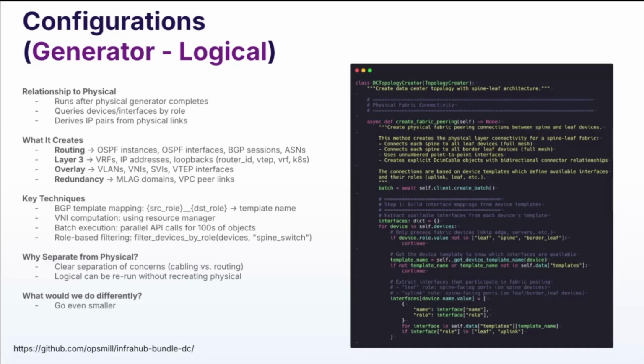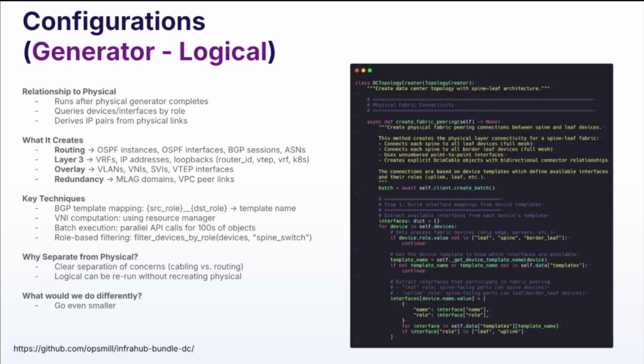So having resource managers for the point-to-point links helped a lot. We could take a large range for point-to-point links, and we have a resource manager that hands out smaller prefixes. So we go and request the next available prefix of a /31, and that creates the prefix in the database in Infrahub.